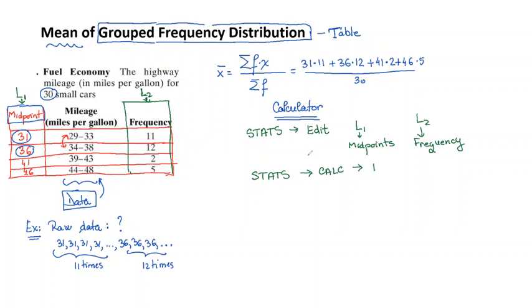On calc, pick one variable stats. For list, you say I have my data in list 1. For frequency list, you have to fill in list 2 and then calculate. And you will get the information related to the mean of this distribution.